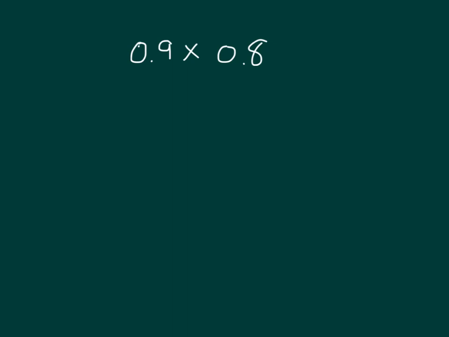Here's one final problem just to show you this approach one more time. We're looking at 0.9 times 0.8. Let's write them both out as fractions. We have 9 tenths times 8 tenths, and we do not simplify these fractions. 9 times 8 is 72, and 10 times 10 is 100.